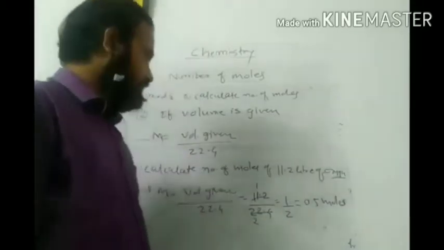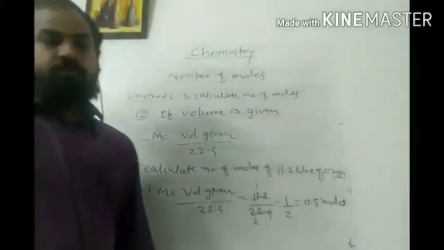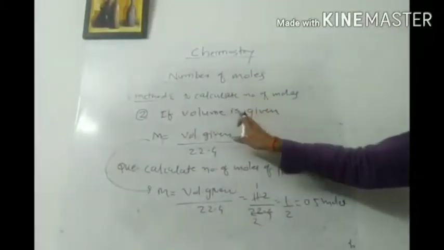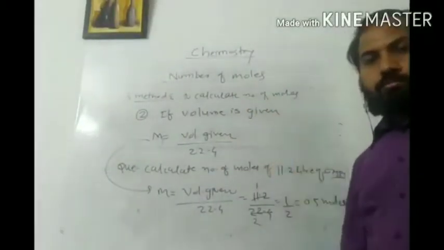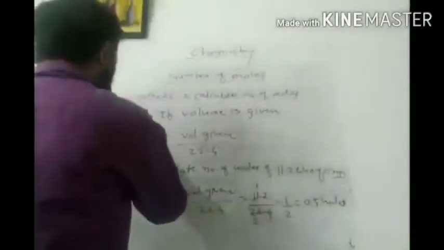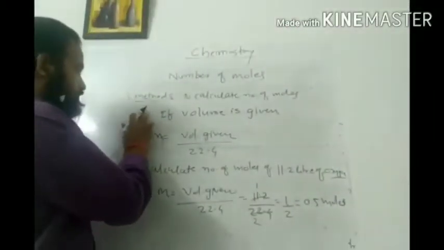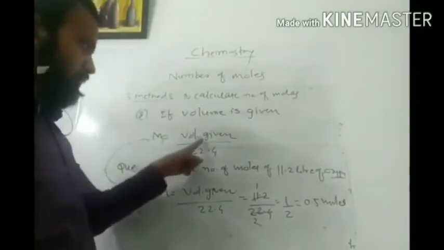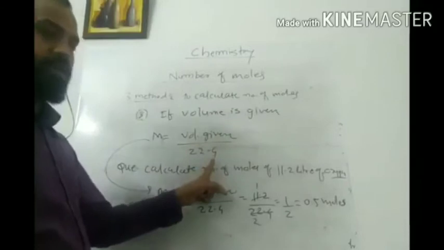So in this way we have studied these three methods. The first method: if weight is given, we calculate the number of moles. If the number of particles is given, we calculate the number of moles that way. And the third method: if volume is given, we simply use the formula volume given divided by 22.4.